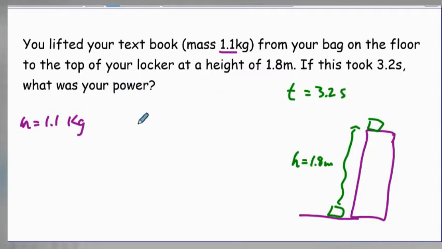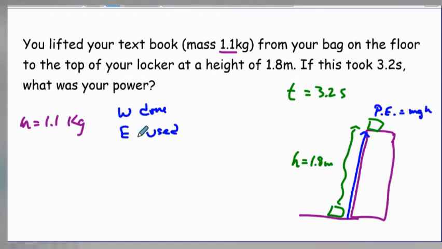The first thing we need to do here is calculate the work done, or the energy used to do this. Basically, the amount of work done is equivalent to the amount of energy we've given this system, because the book up on top of the locker now has potential energy, which is mgh.